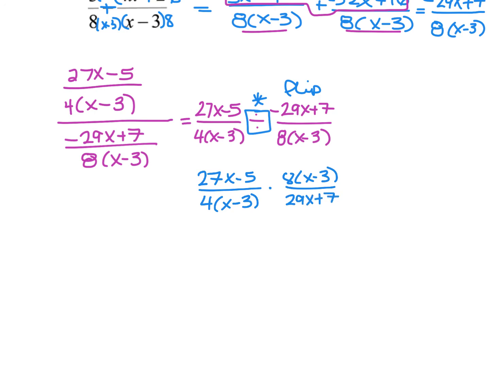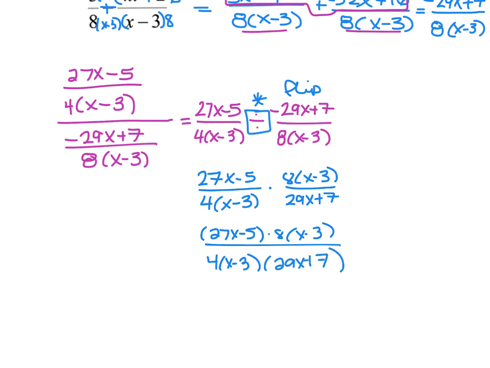And then if I just multiply across, that's 27x minus 5 times 8 times x minus 3 over 4 times x minus 3 times negative 29x plus 7.